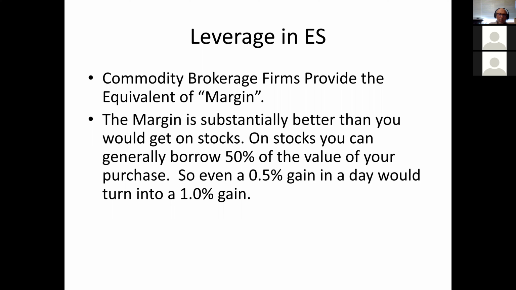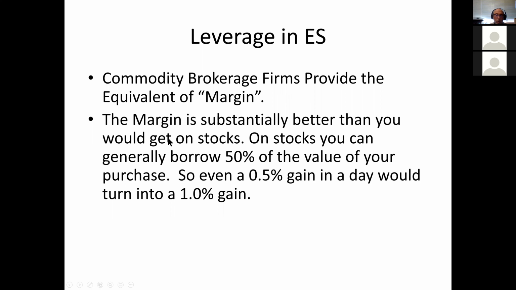Okay, let's talk about leverage in what's called ES. ES is the mini S&P, and commodity brokerage firms provide what's called margin. Most of you probably know about stocks, and there's margin in stocks. In the stock, the margin that you can get is 50%.